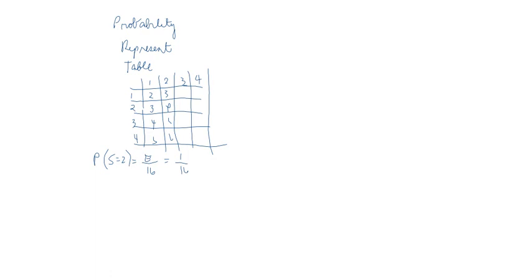Or sometimes you need to represent the problem using a table. No, not a table, sorry. I mean, this is over 16. Using a tree diagram. Okay, let's say we have here the probability that you're going to school late and not late.